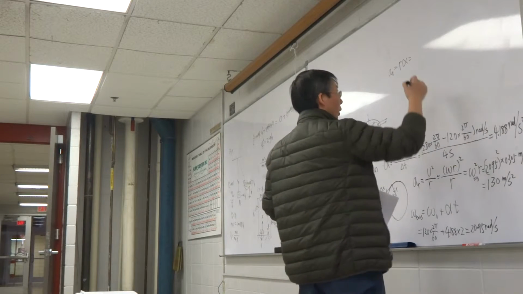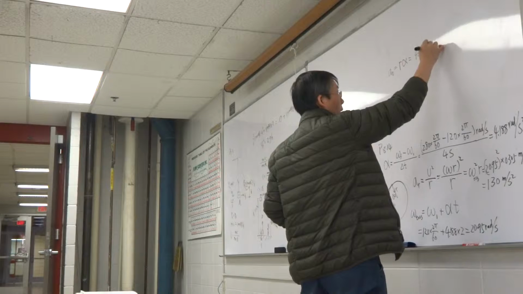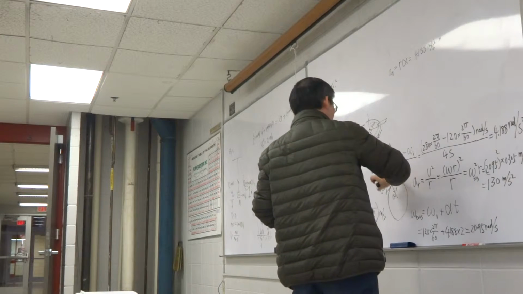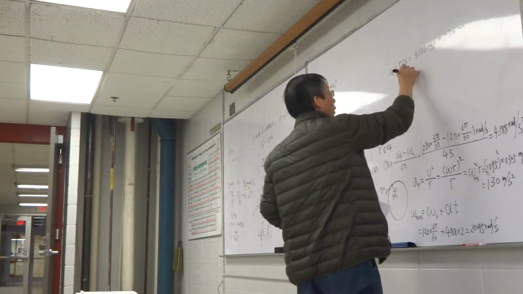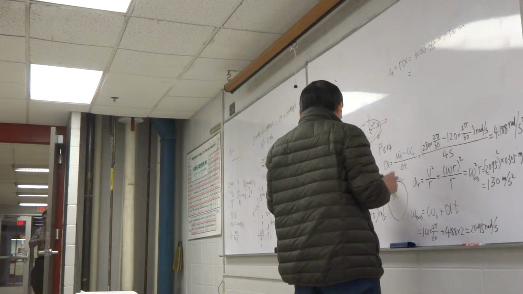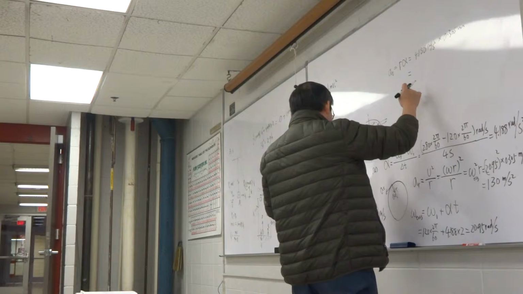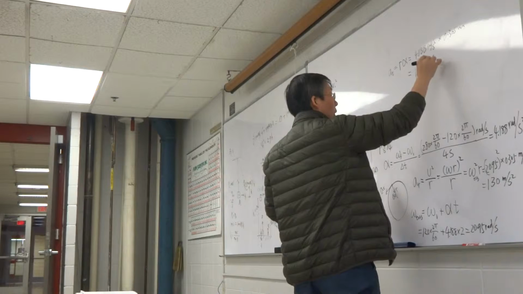The angular acceleration we calculated here, 4.18 radians per second squared, then times the radius, 0.305 meters. So you get the tangential acceleration is 1.53 meters per second squared.